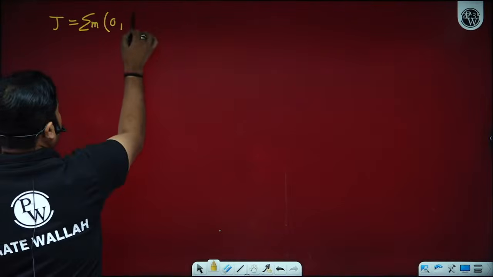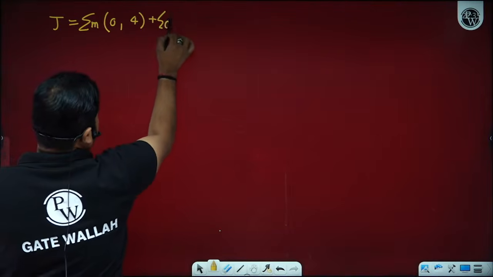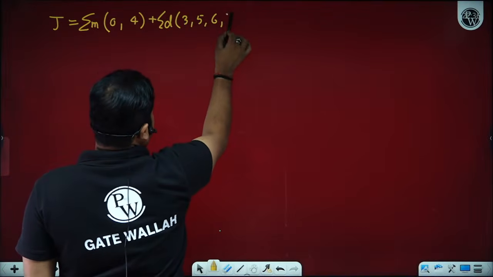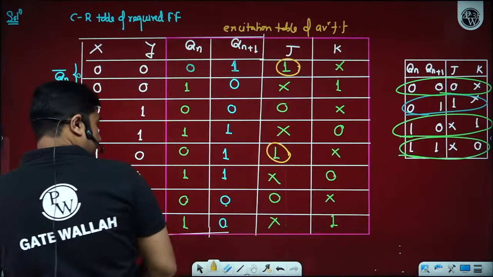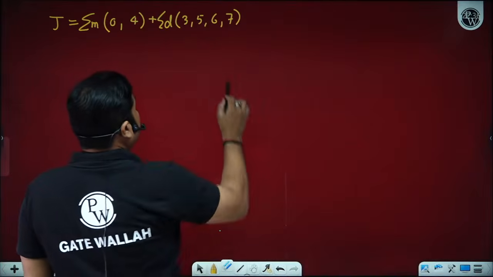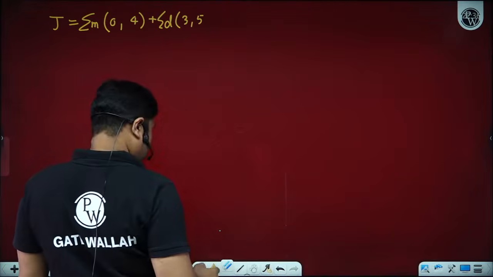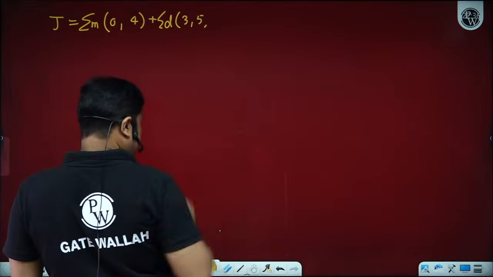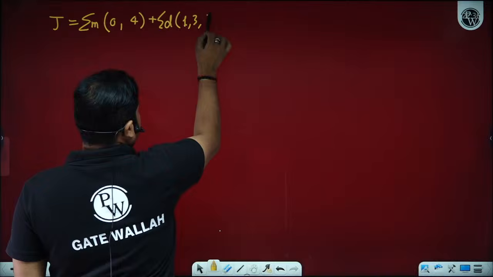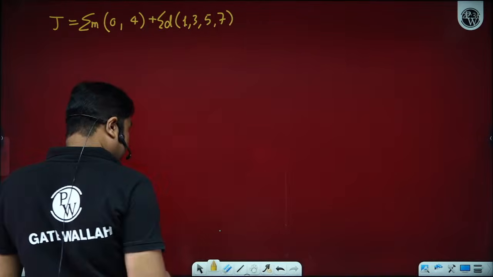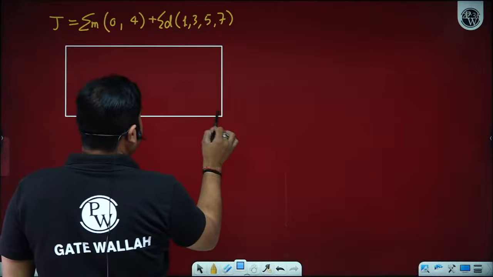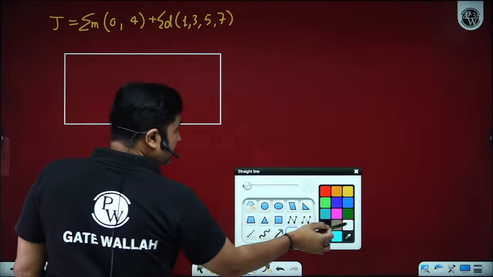Don't cares we are getting onto the 1, 3, 5, 7. Can we find the minimized expression for the logical expression required onto the J?